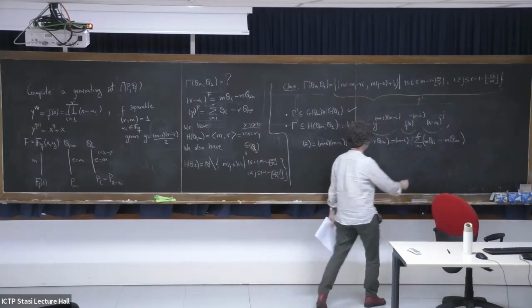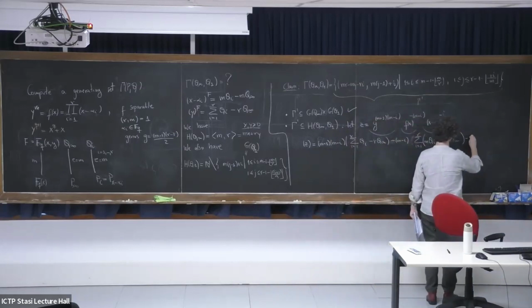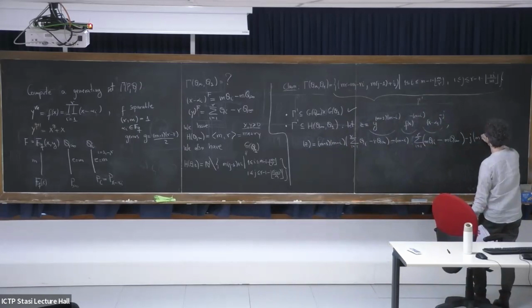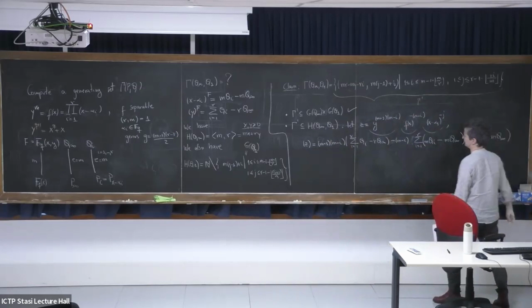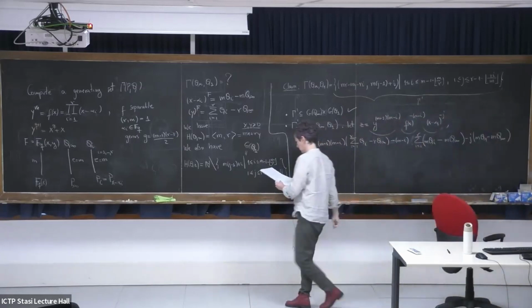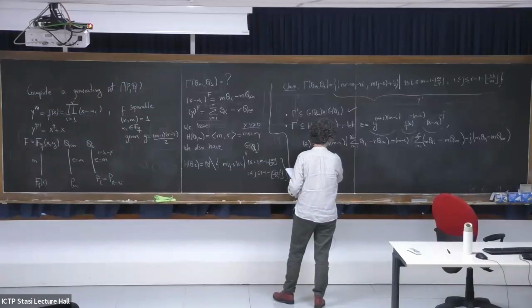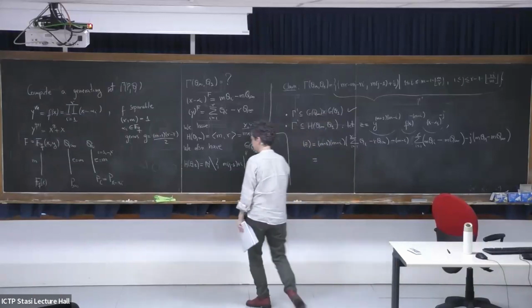We still need to add this one, which is minus j times the divisor of the first one, that is m q1 minus m q infinity. Well, let's see what we get here.